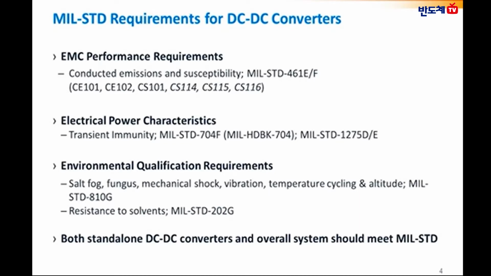Let's look more in detail at EMC performance characteristic requirements such as conducted emissions and conducted susceptibility. To understand this, we need to know what is the source of electromagnetic emissions or noise, what are conducted emissions, and what are conducted emission regulations.